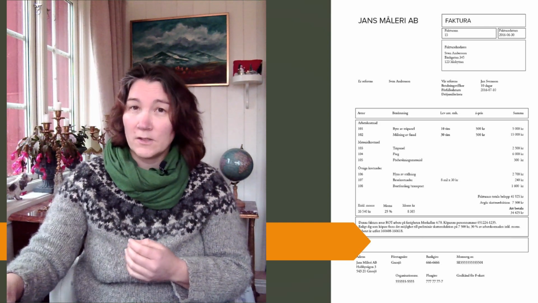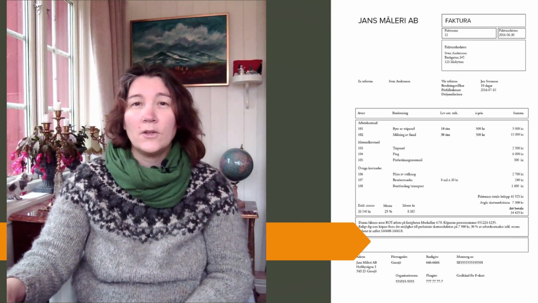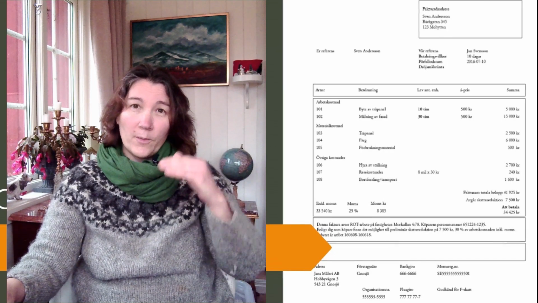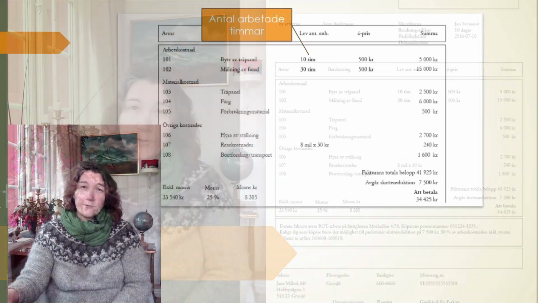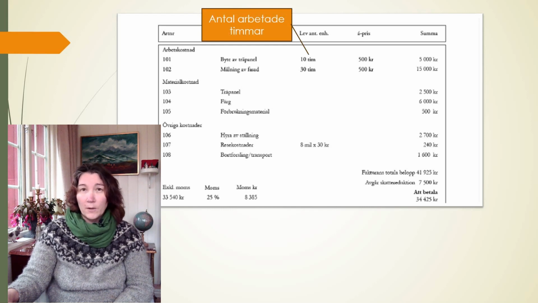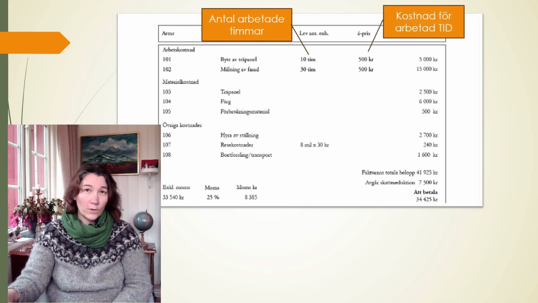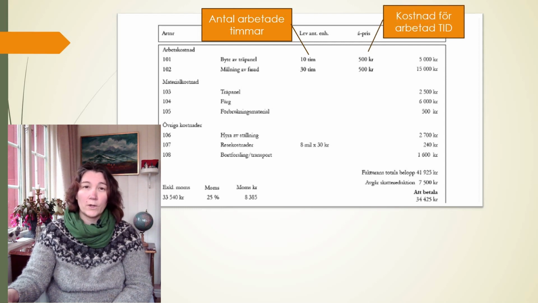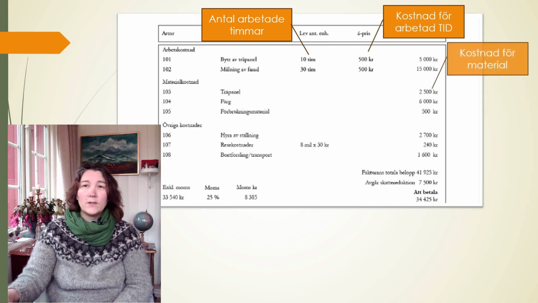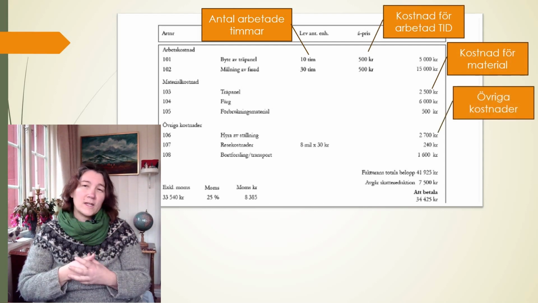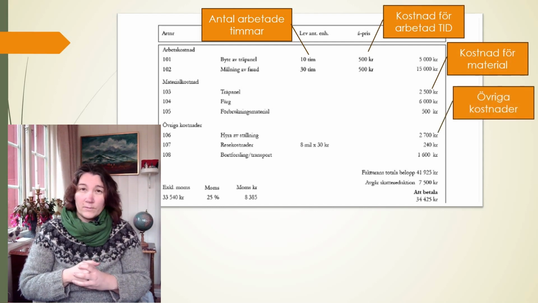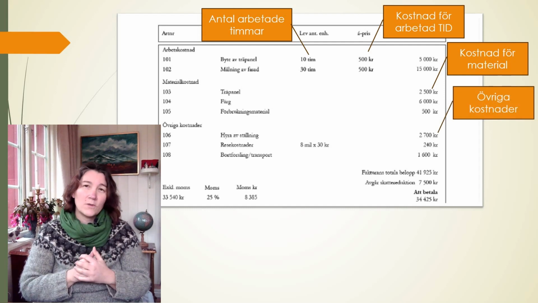So on the invoice, it's really important that you separate your working hours from the other things that you will also invoice your customers. First of all, you need to have the number of hours that you have been working and also the price for your time. And then you have the costs for the material and other costs that are connected to this kind of service.